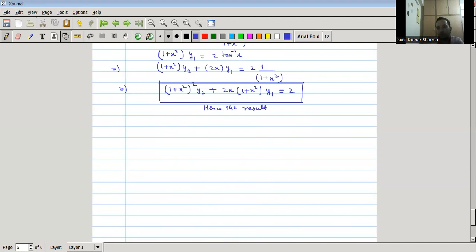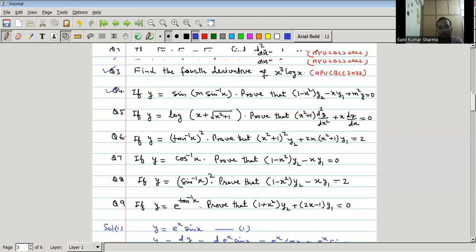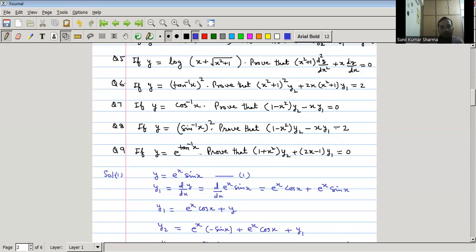So I hope you can try this part. y equal to (sin inverse x) whole square. Question number 8 is similar to question number 6.